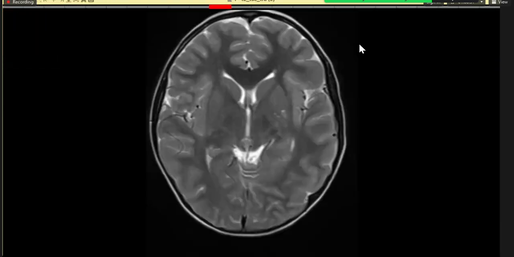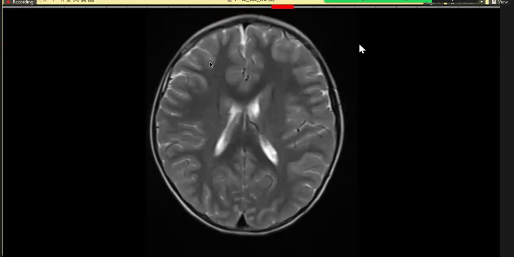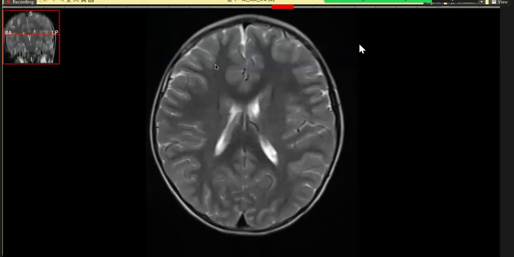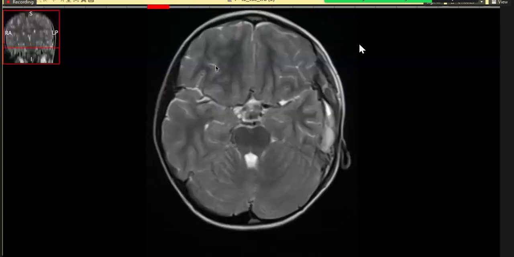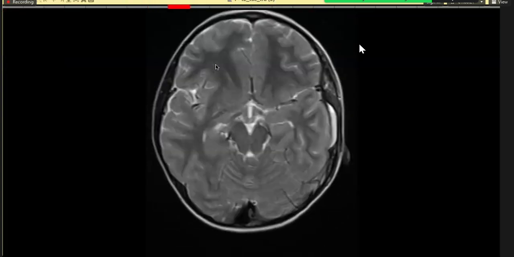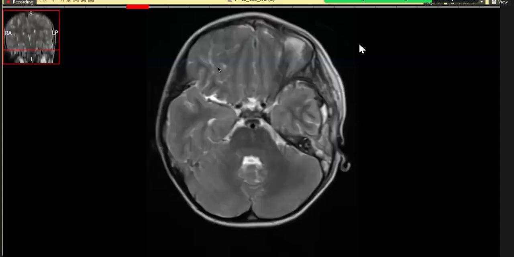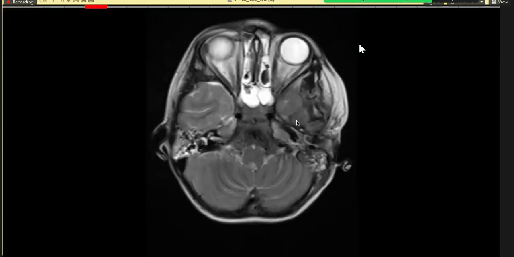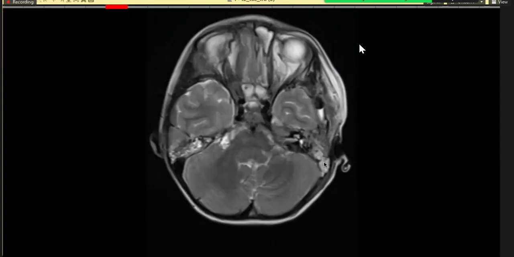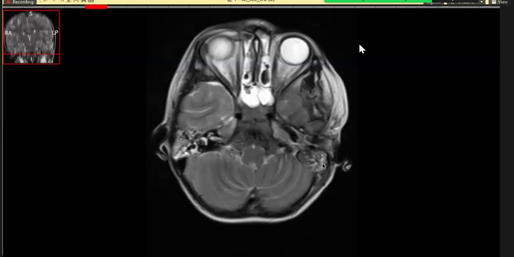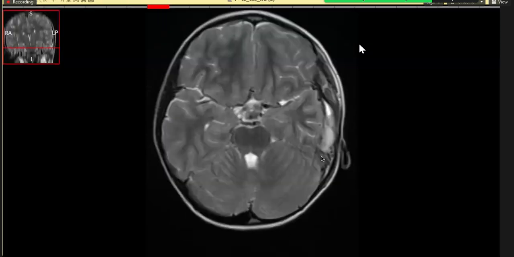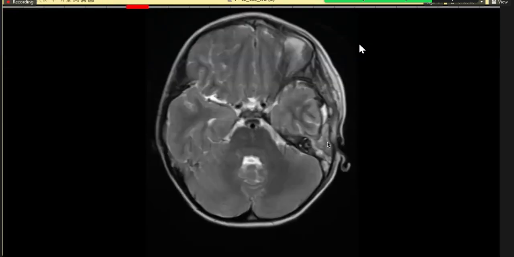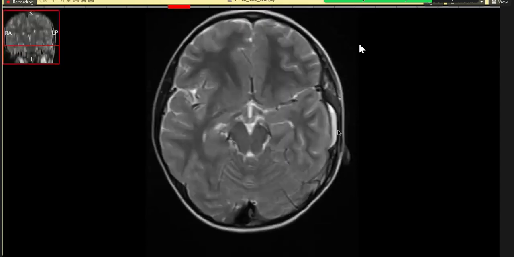So I've got an MR of the same patient, but this MR was done 4 days after. That is why I did not show it to the candidate. Four days after, if you see here, the mastoid cells are all full of fluid. You can see the same thing. And here anteriorly, the abscess looks slightly less.